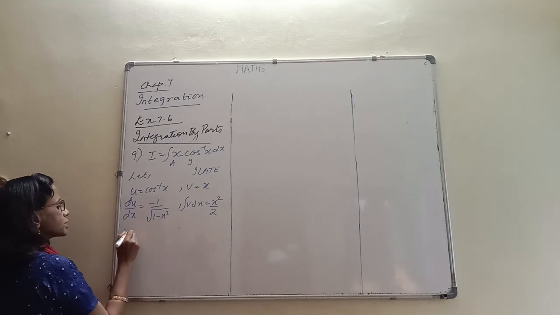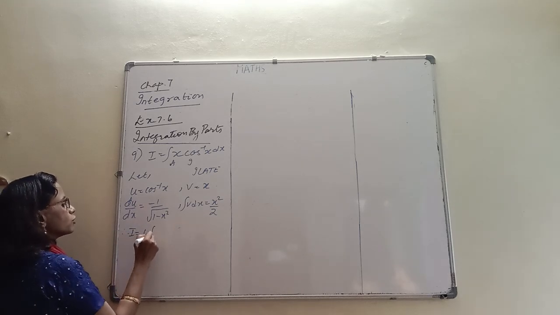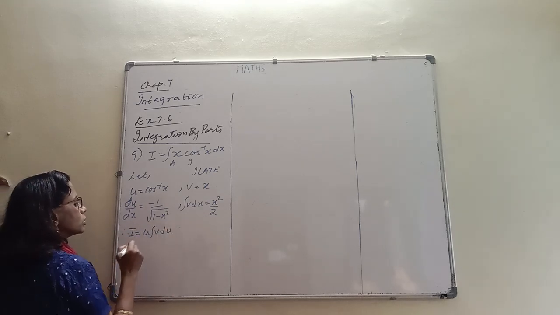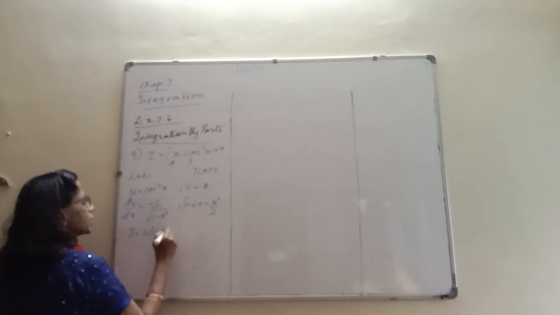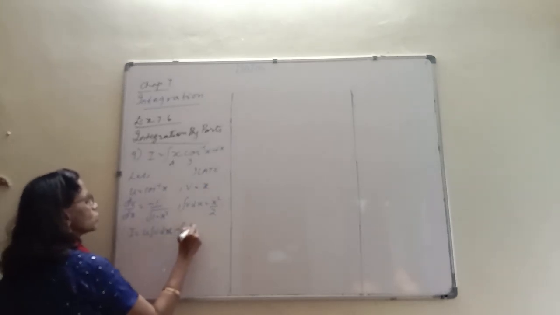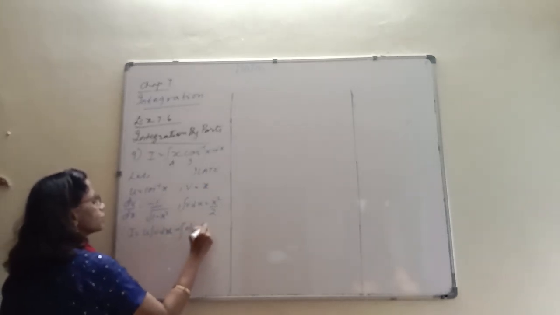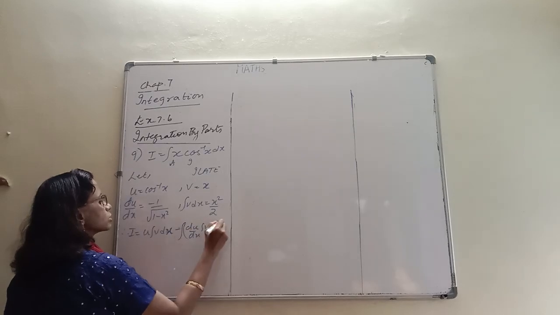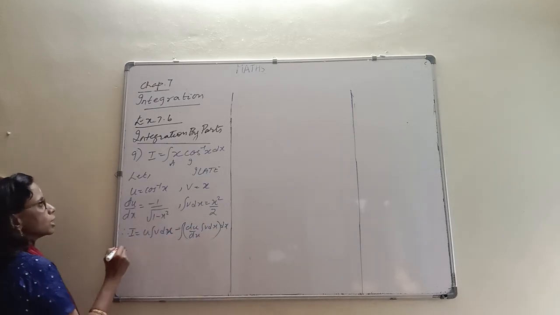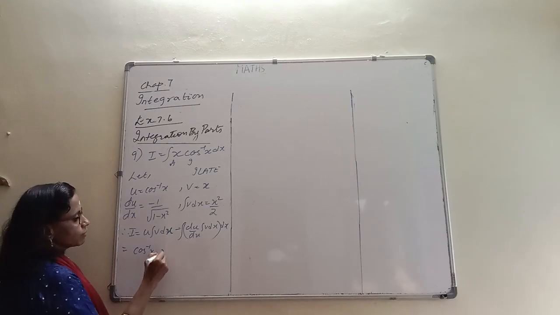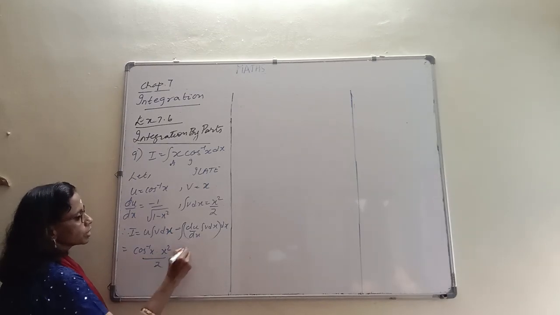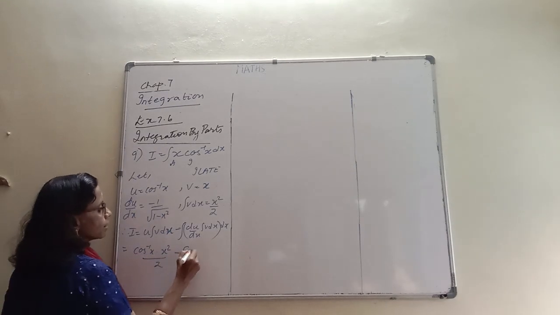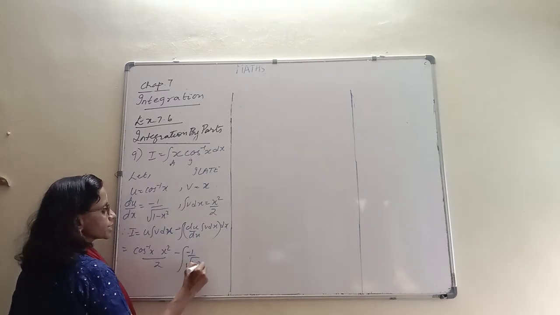Now let's start with the integration, which is by formula integral of u times integral v dx minus integral of du over dx times integral v dx, and the whole dx. So let's get the values substituted. U for us is cos inverse x, integral v dx is x squared over 2, and du over dx is minus 1 over root of 1 minus x squared.